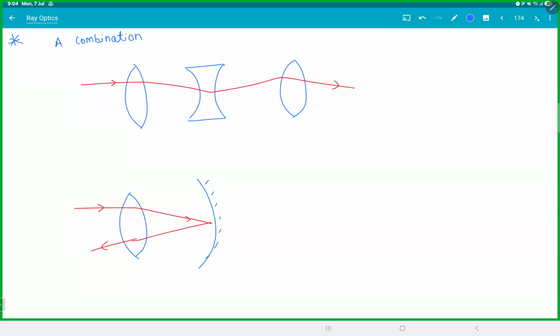Generally, if you have an odd number of mirrors, if you have one mirror, it is always a mirror. I'll show you a case later on, but generally people don't get confused, but there's a case where you will get confused. So a combination behaves like a lens if the incident ray just keeps going forward.